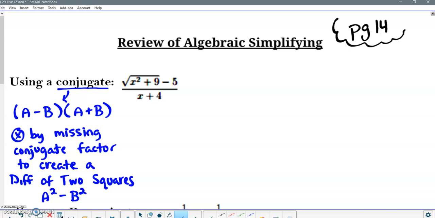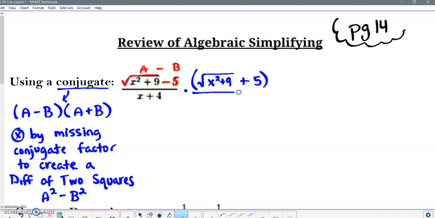So here's the deal. We have this square root of some stuff, that's like our A. We have a 5, that's like our B, and we have subtraction in between. So we've got an A minus B situation. So we are going to multiply by A, which is the square root of x squared plus 9, which cannot be reduced because of this addition symbol, plus 5.